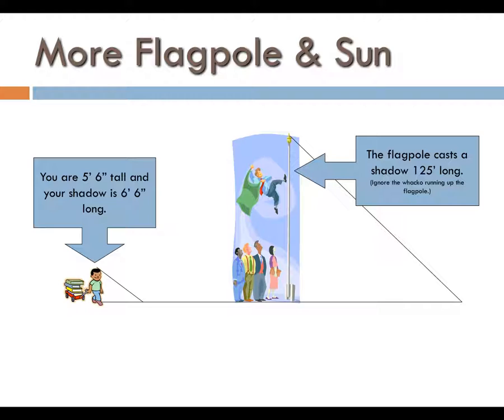It's going to be the same slope from the top of your height or the flagpole to the top of your shadow, that diagonal line. What's that diagonal line called? The hypotenuse.